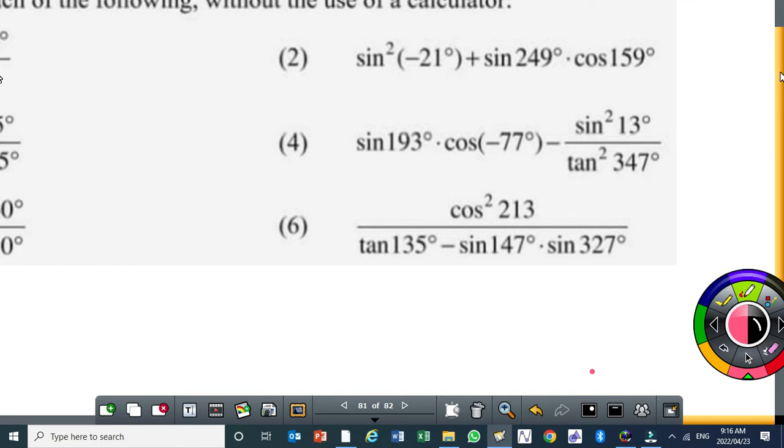By now we should have finished number 2. We should be working on number 6.